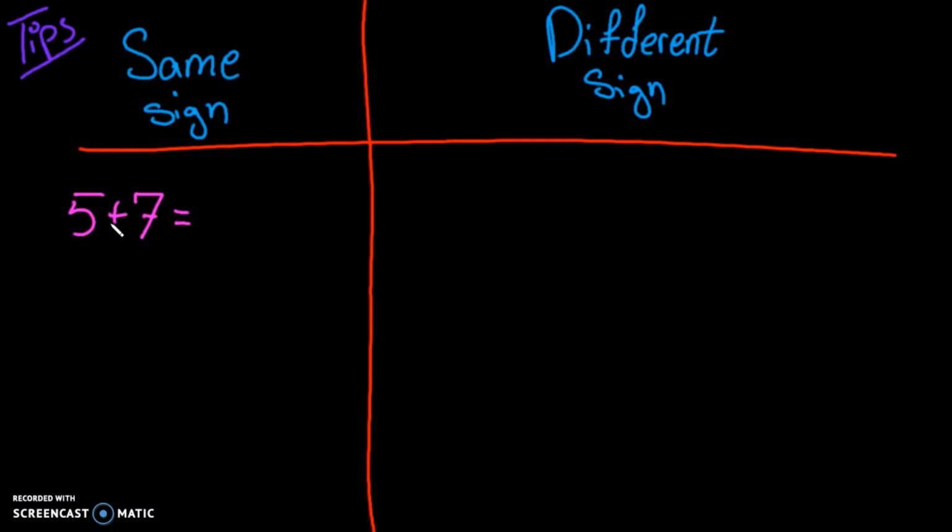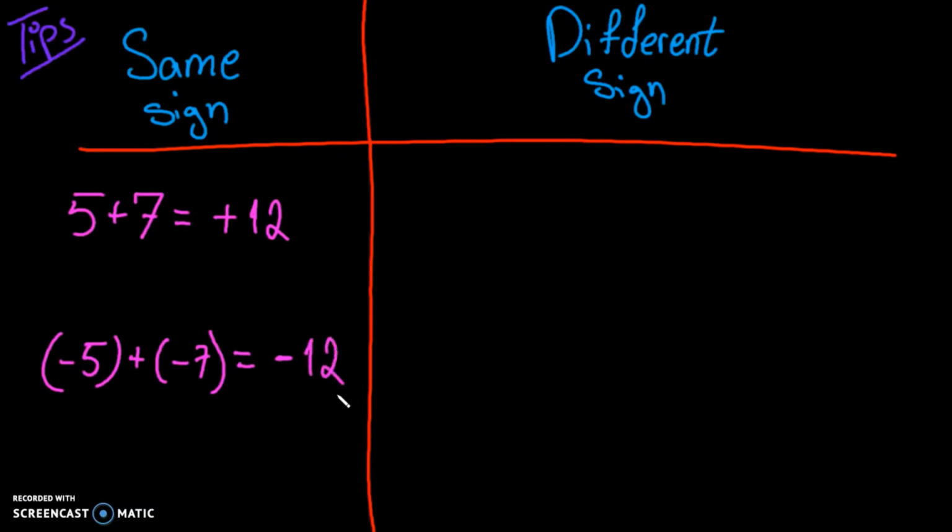So whenever we have same signs, plus, plus, the answer is also plus. 5 plus 7 is 12. Whenever we have same signs, negative 5 plus negative 7, the answer is also negative.